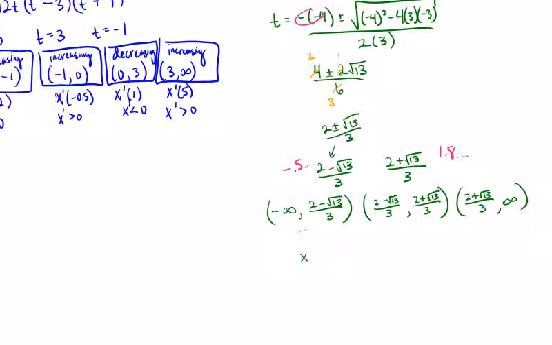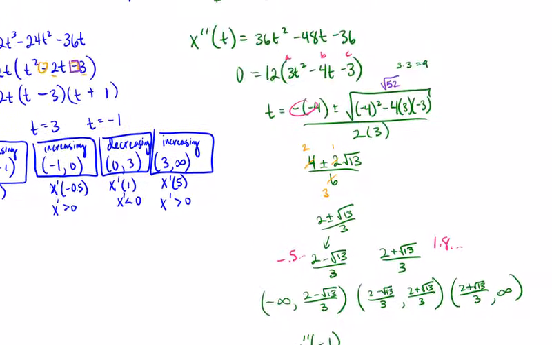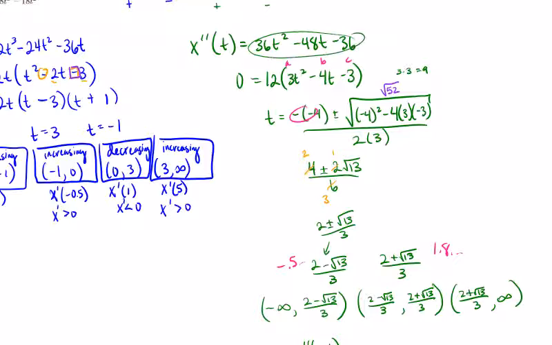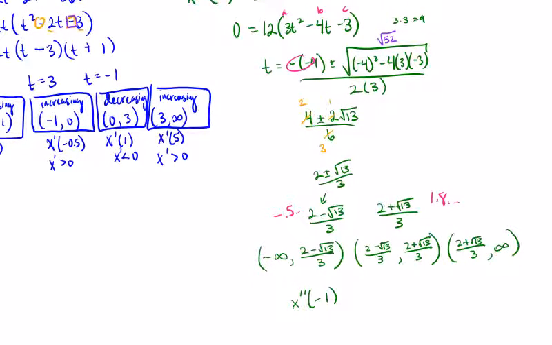So first, since this is negative 0.5, we can just plug in negative 1. So x double prime at negative 1. We're going to plug negative 1 into this function here, and you can plug it into this version too, either way. If you plug in negative 1, you get positive 48, so x double prime is greater than 0, so that means this is concave up.